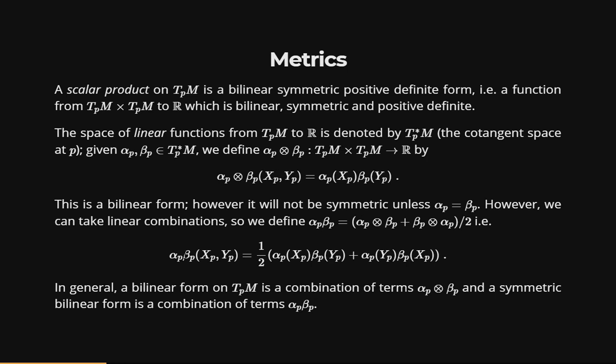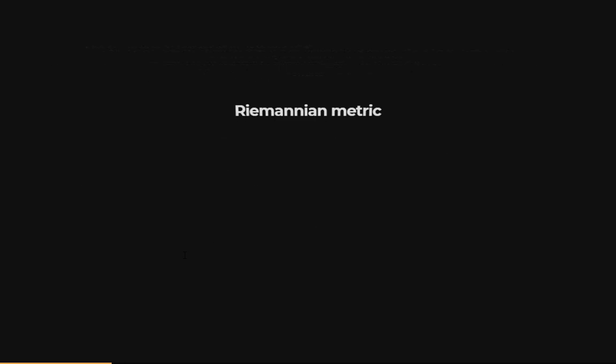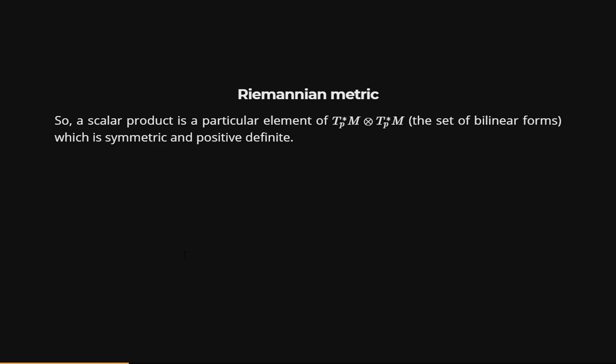This is called symmetric product for obvious reasons. So a scalar product is a particular element of Tp*M tensor Tp*M, which is the set of bilinear forms, where this particular element is symmetric and positive definite.